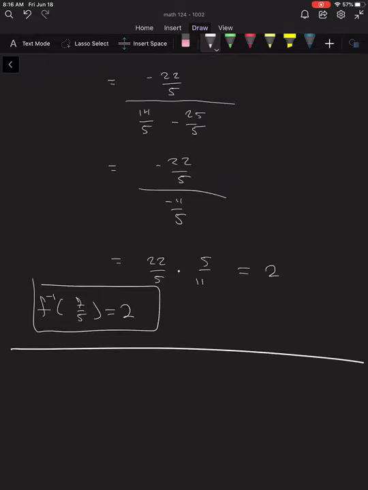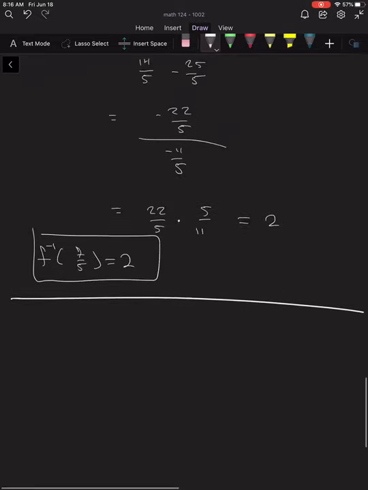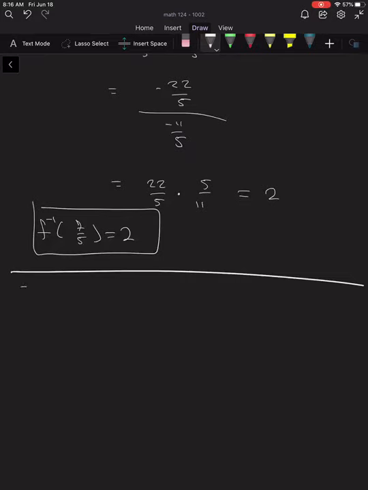Okay, how about 54? So we have f of x is equal to x plus 5 to the 3. Okay, so we start, we have y is equal to x plus 5 to the 3.